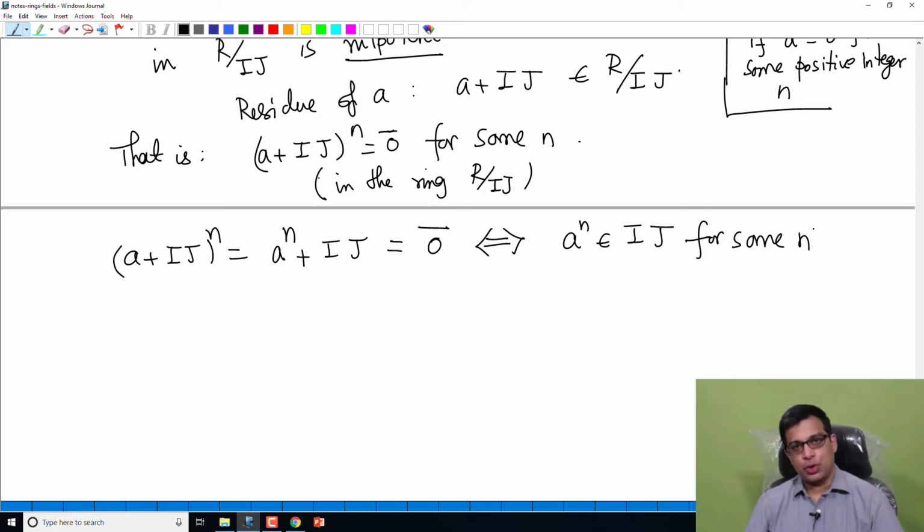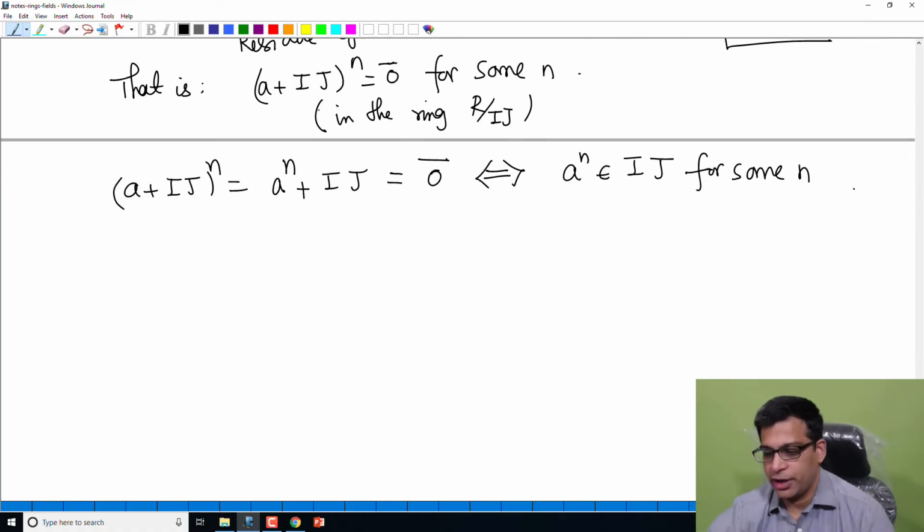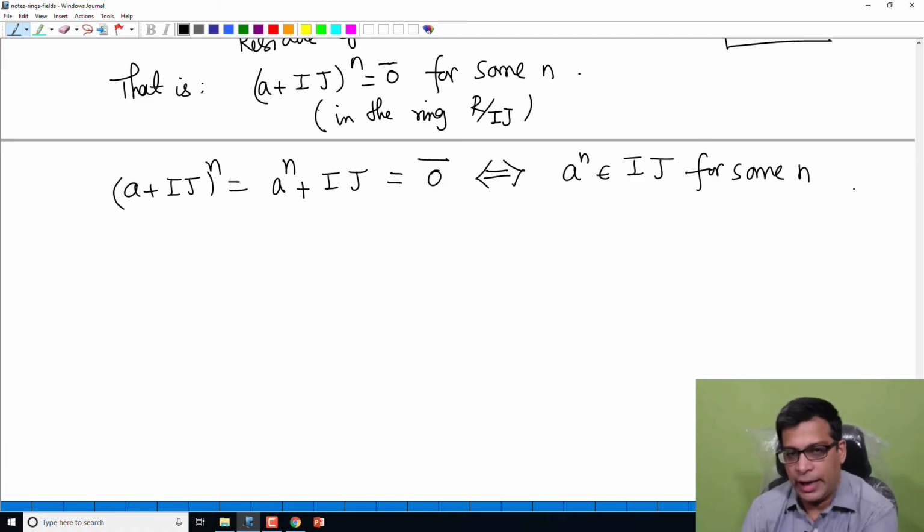After translating everything in the problem, this is what we are reduced to. If A belongs to I intersection J, A to the n belongs to IJ for some n. Once you identify that, it's clear what n you need to take. Remember what is known about A?